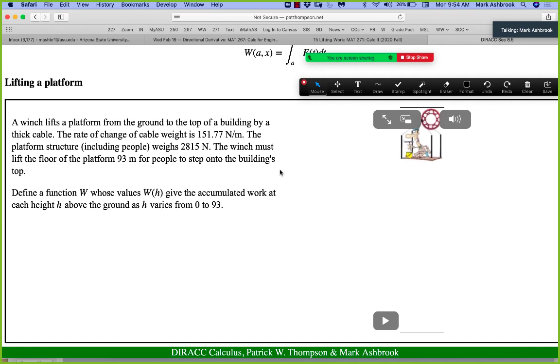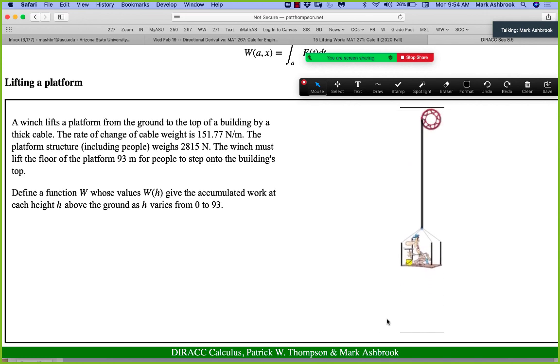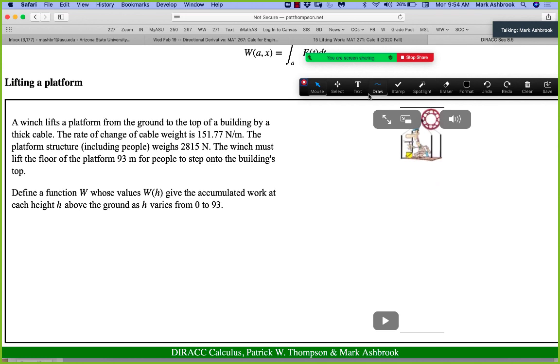Okay, so let's talk about understanding the problem and modeling the problem, and don't jump so quickly into numbers and formulas and trying to crank out an answer. So let's talk about what the key quantities involved here are.